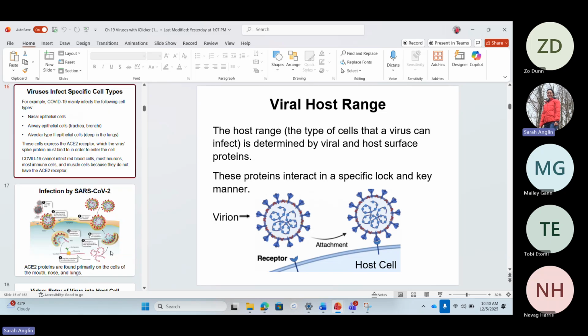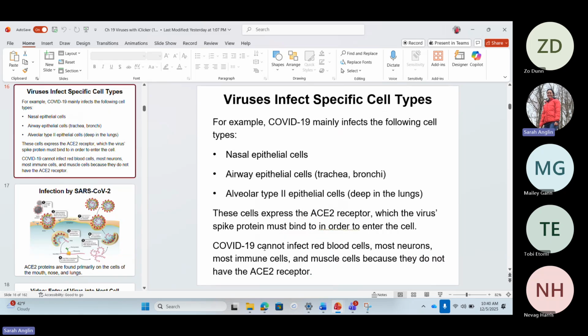This is why with COVID-19, some cells cannot be infected by COVID-19 simply because those cells don't have the correct receptor. And for COVID-19, that receptor is ACE2. And that is seen typically on the epithelial cells that line our respiratory tract, right? In our nose, in our airway, and deep down in our lungs.